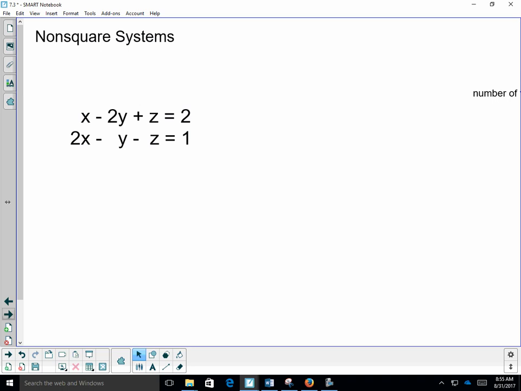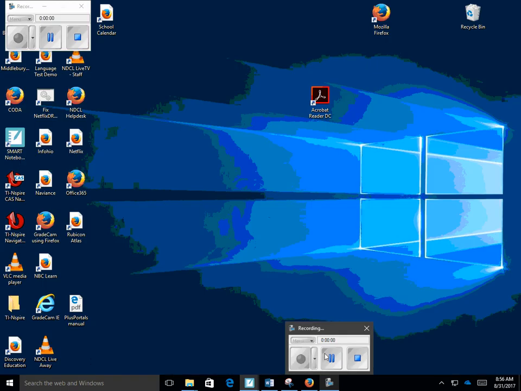So we're going to first start by trying to eliminate one of the variables. The easiest variable for me to eliminate at this point is z. So I'm going to add those first and second equations to eliminate z.